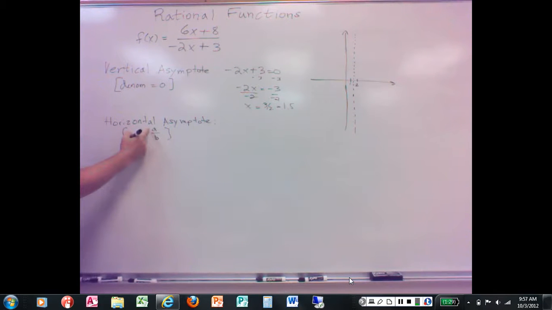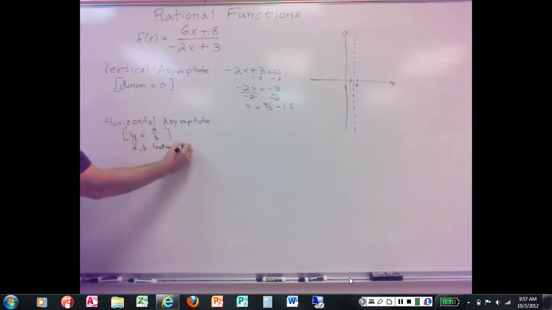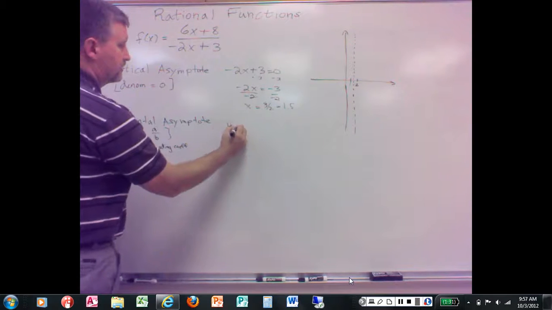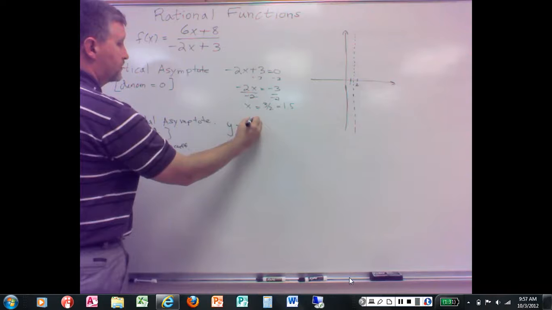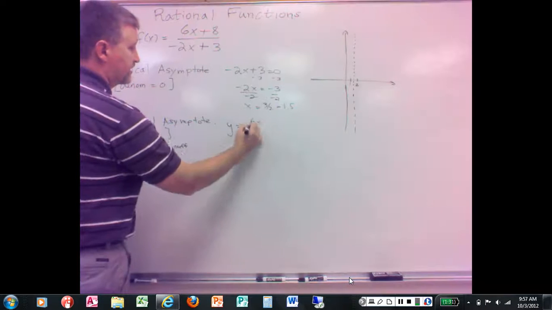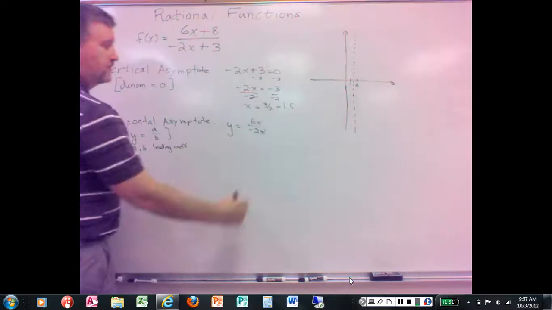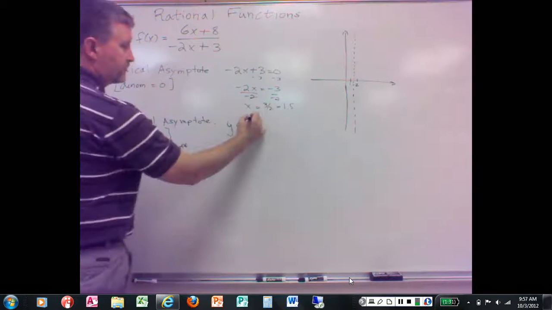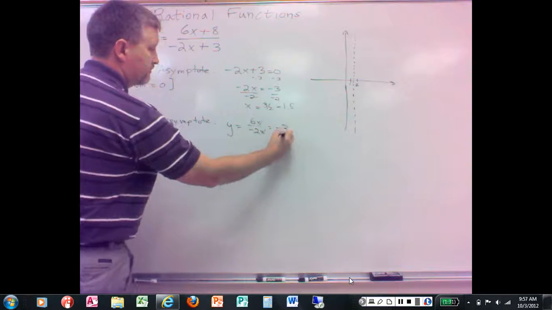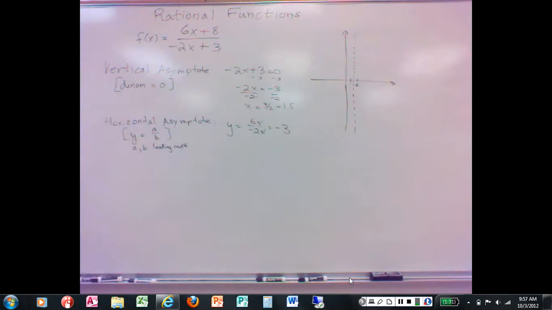A is the leading coefficient of the top, b is the leading coefficient of the bottom. So in this case, it would be 6x divided by negative 2x. We put the x on there because the x's cancel out, and we wind up with 6 divided by negative 2, which is just negative 3. Okay? With me on that?